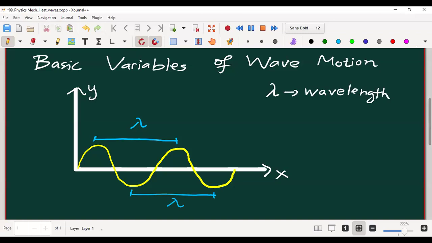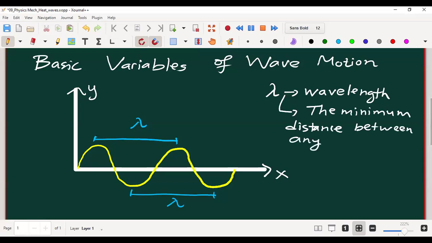The definition of wavelength is, in general, the minimum distance between any two identical points.